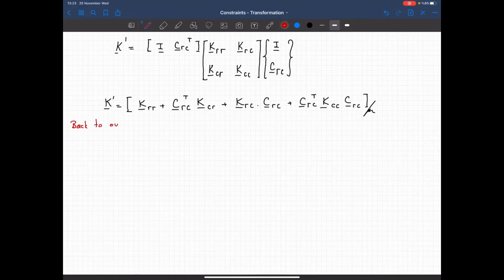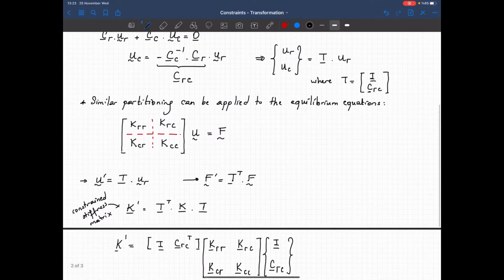Back to our example problem. Okay, so our CRC matrix will be equal to 0 and 1. Right, how do we obtain CRC?